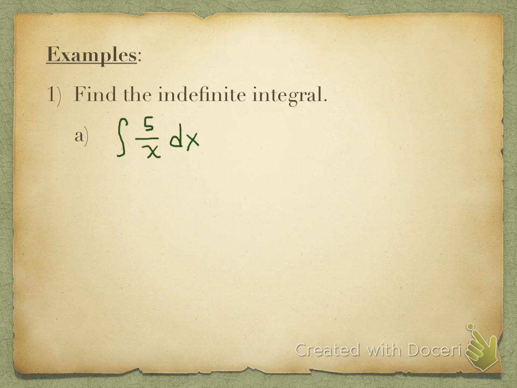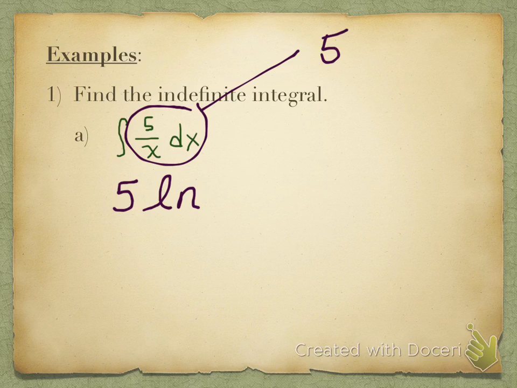Okay, there will be an ln. You both have said ln. There will be one. 5 ln x? That's right. The 5's on the outside. You have to understand that this right here is the same thing as saying 5 times 1 over x.